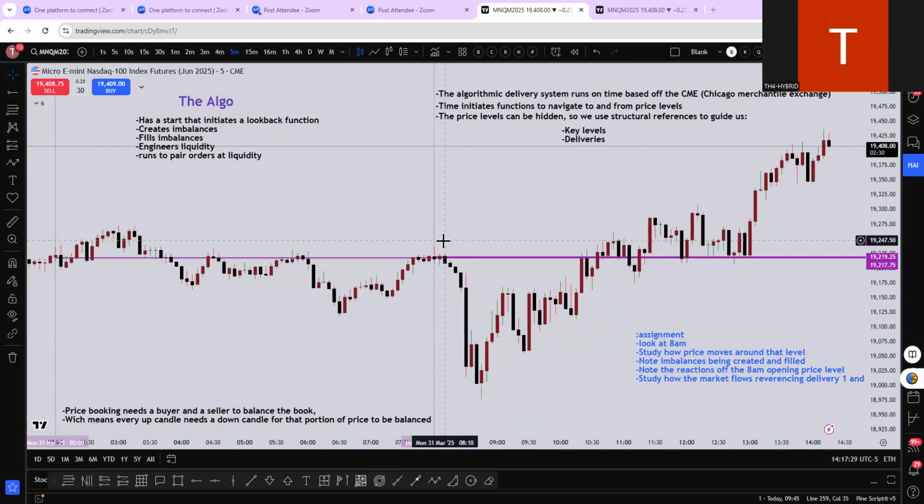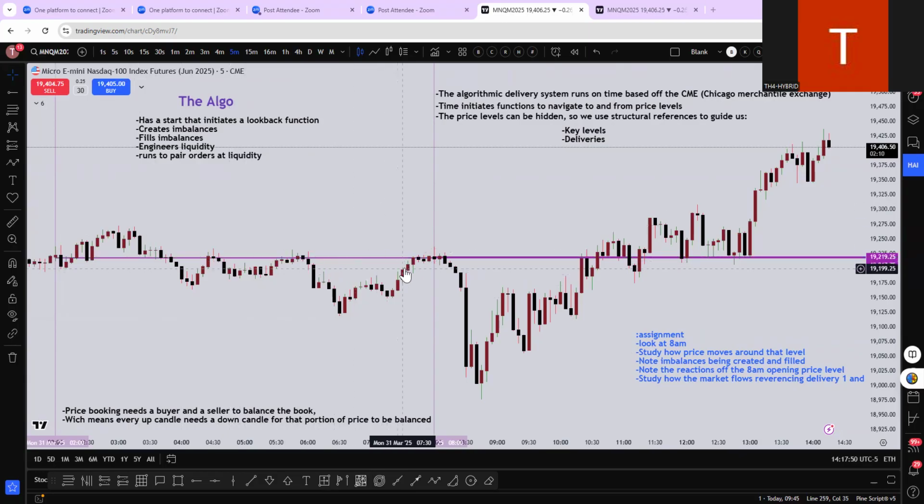But the key point to this is to understand that we have to look back as traders to understand where we were, to try and predict or anticipate where we're going to go and how we're going to get there. So when you get to the charts, you have your start time, whatever that may be, and then you look back to see what has happened.